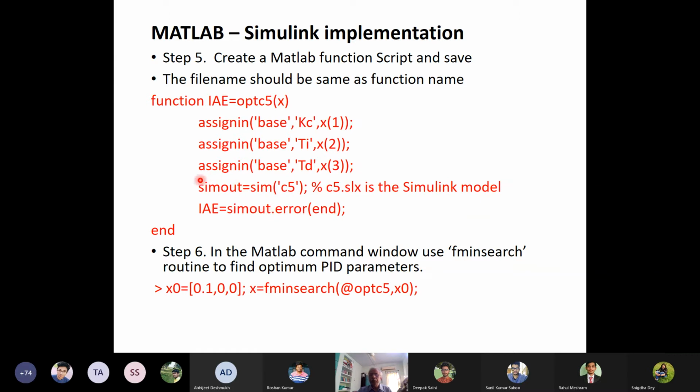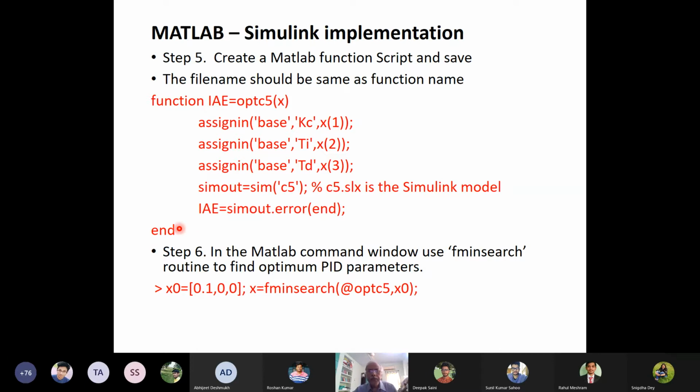Since SIMOUT is a structure variable, I am accessing the error variable as SIMOUT.error, and I am considering only the last value of that error, so I am putting end over here. That is basically my IAE. So this function gives me the objective function, IAE.